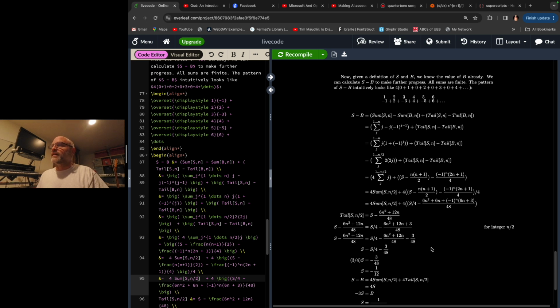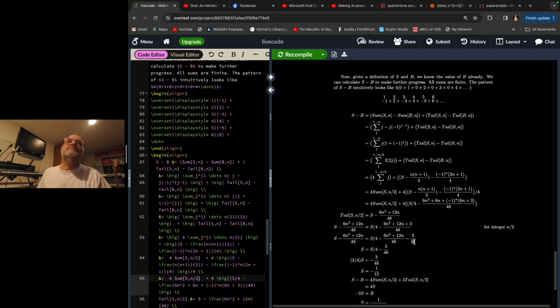Got to be careful about that. Okay. So in that case, I get 6n squared plus 12n plus 3, right? And then if I split that out, this is minus this whole thing, so just be careful. This is 6n squared plus 12n over 48 minus 3/48.